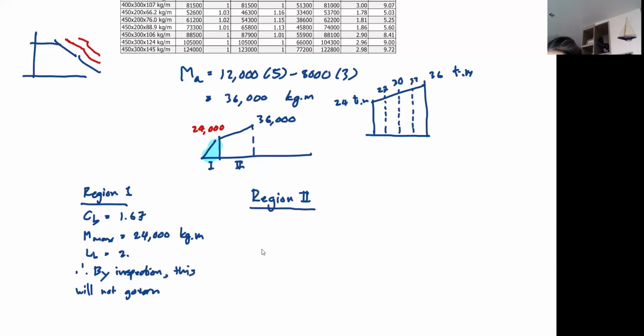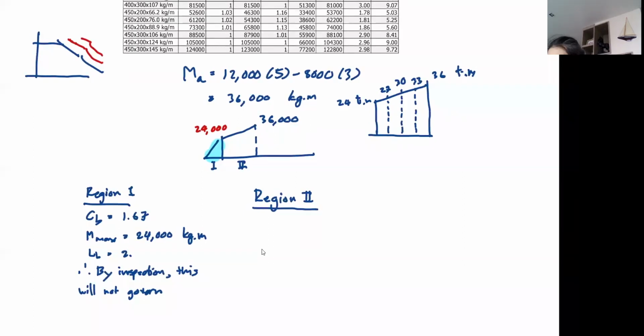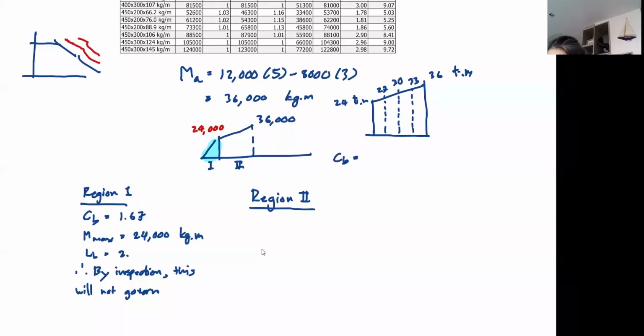That's 33. Okay, so can anybody help me, please? I don't even have a calculator around. So CB is going to be 12.5 M max over 2.5 M max, 36 plus 3, 27 plus 4, 30 plus 3, 33. That's going to be our CB.